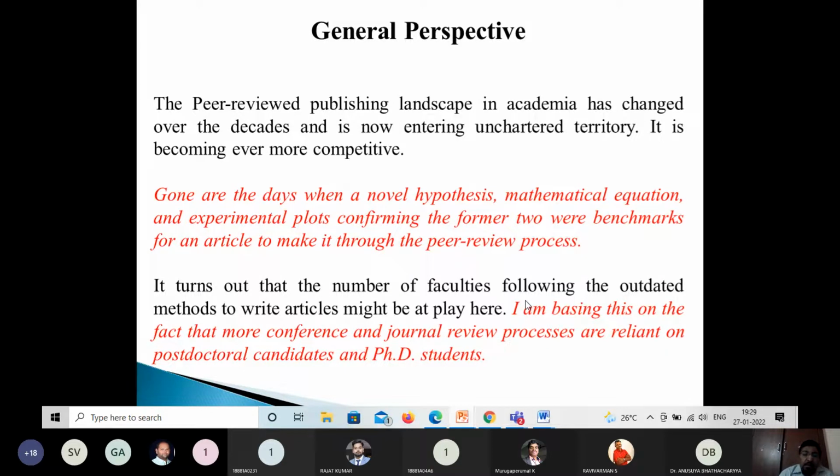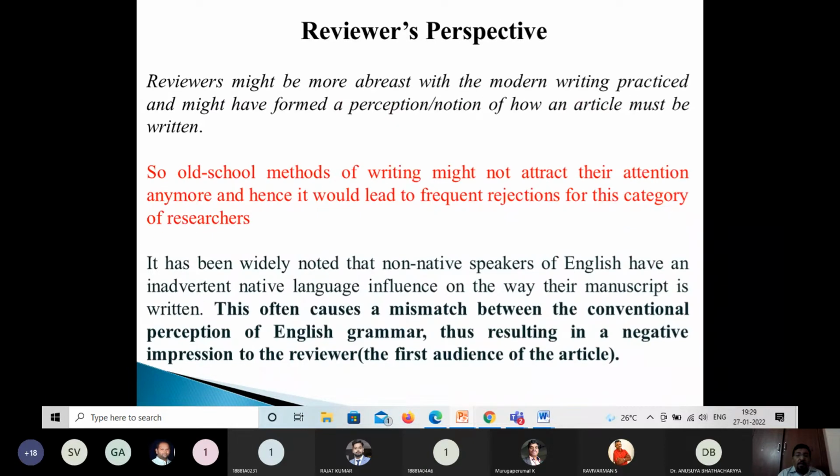I'm basing this on the fact that most of the journals or the conference processes are dependent on your PhD students or the postdoctoral fellows, or maybe even the faculties, or maybe even the research students. So what could be the reviewer's perspective?